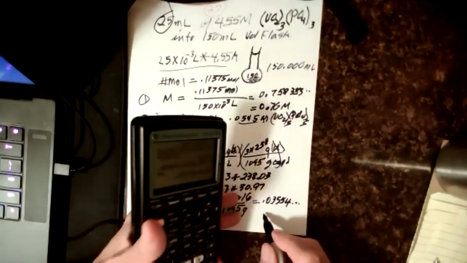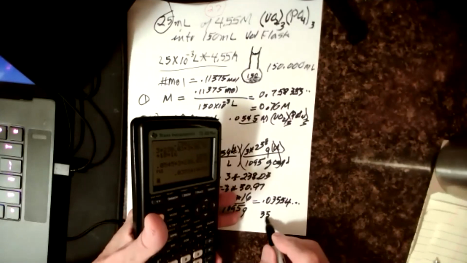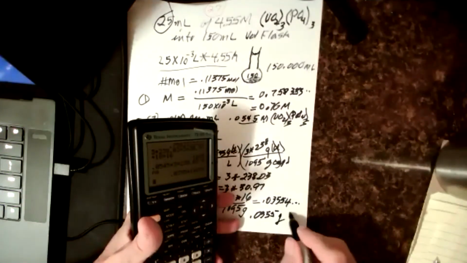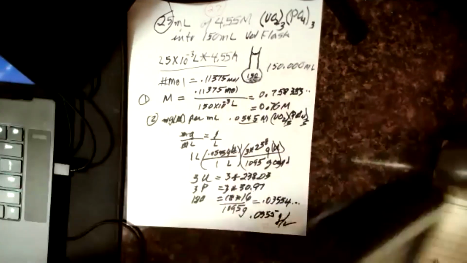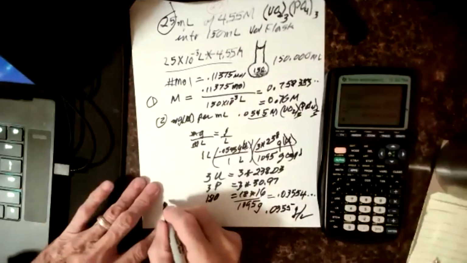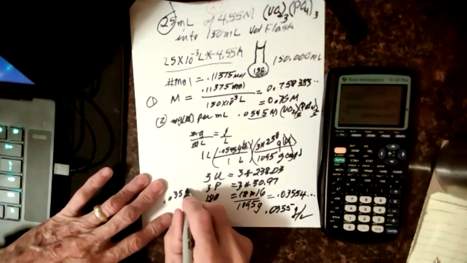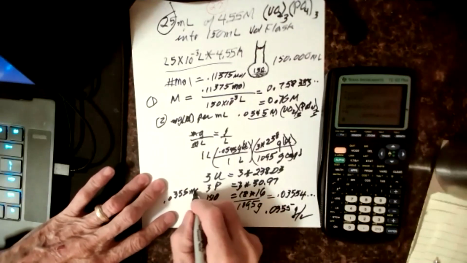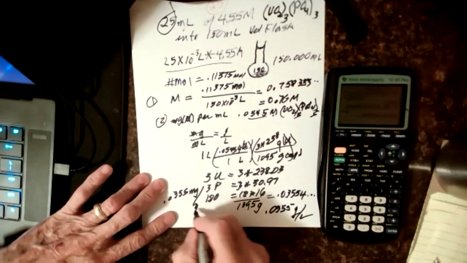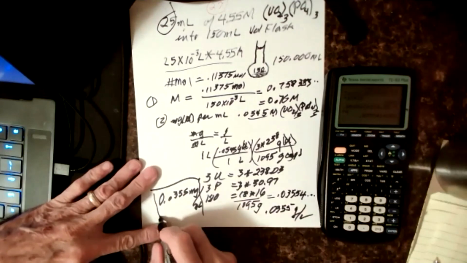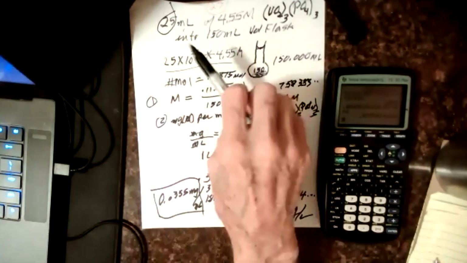So it's going to be 0.0355 grams per liter. And now that would also be 0.0355 milligrams per milliliter.